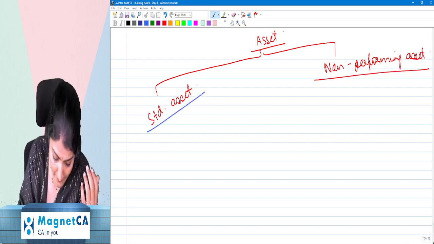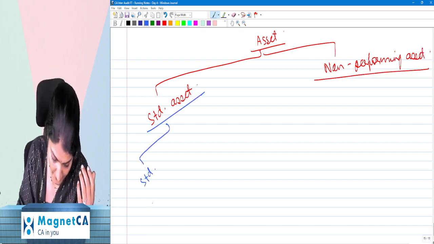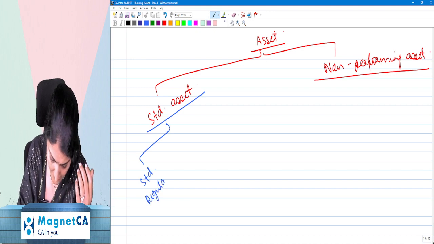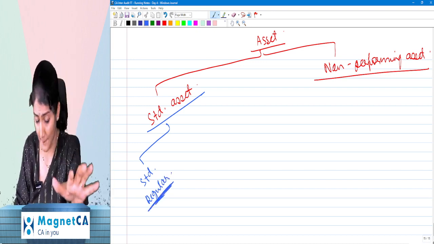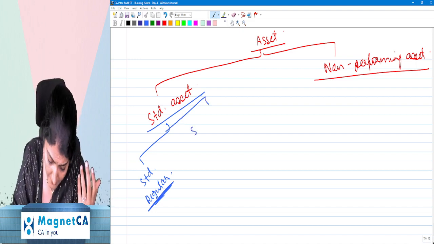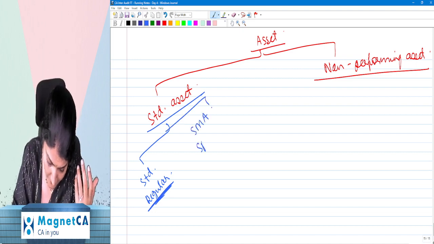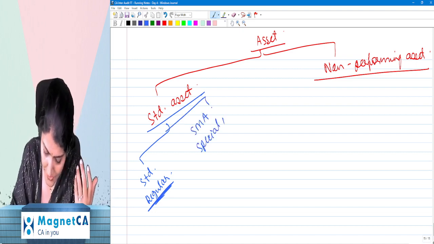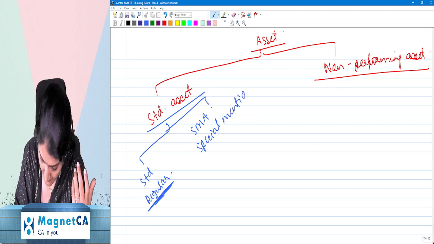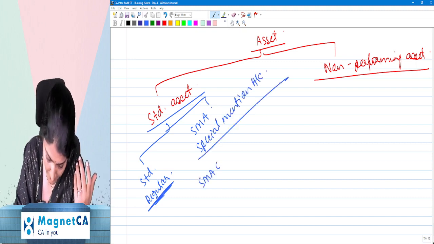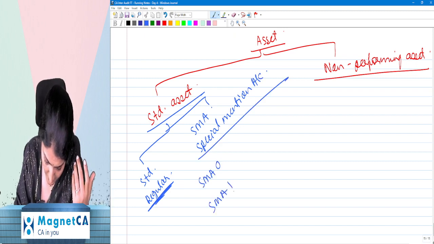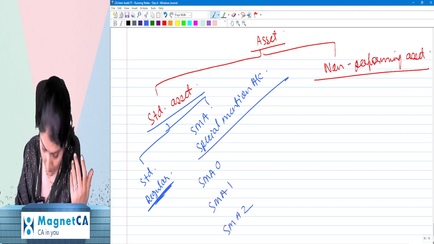Under standard, it could be standard regular, where absolutely every month the customer is paying the installment on time. Or under the standard, it could be the SMA, the special mention account. In special mention account, you have SMA 0, SMA 1 and SMA 2.